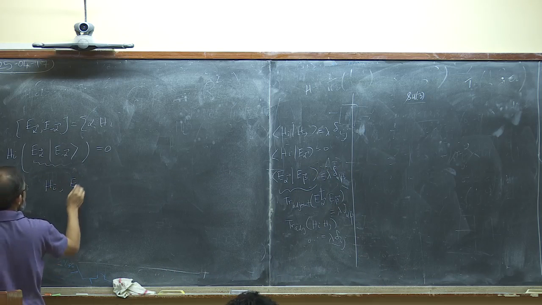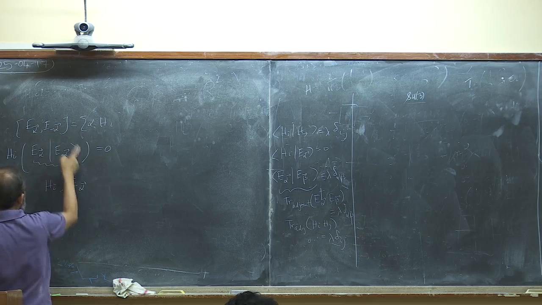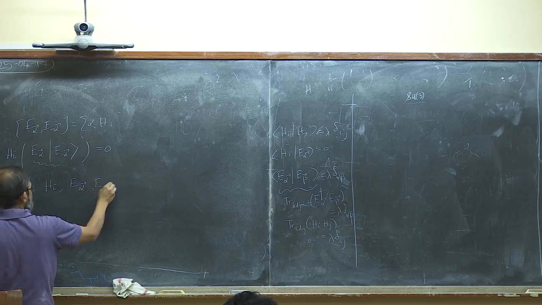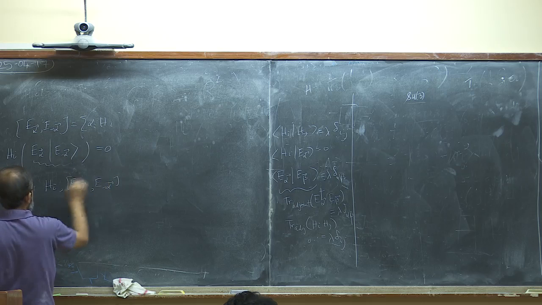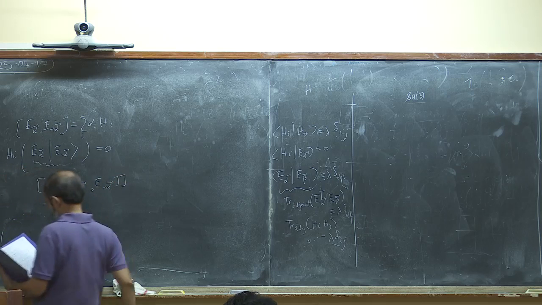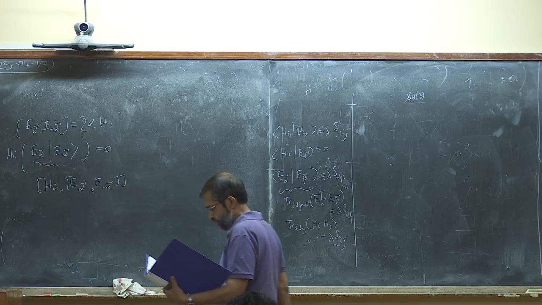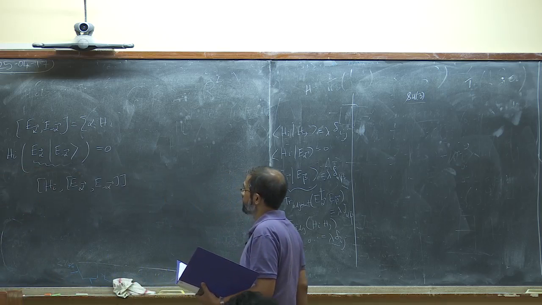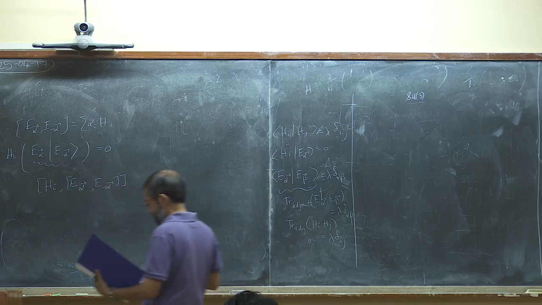So in other words, now writing this out in terms of commutator. This is the commutator action of Hi on the combination of E alpha and E minus alpha. I want to show that this is equal to 0. Okay, Jacobi identity, that is correct.